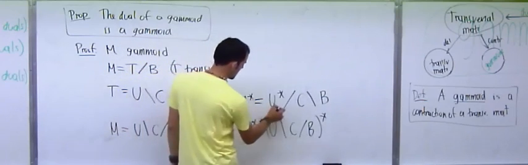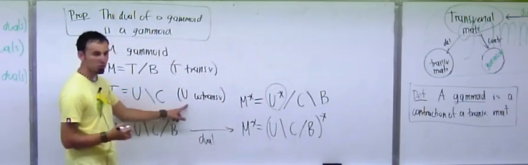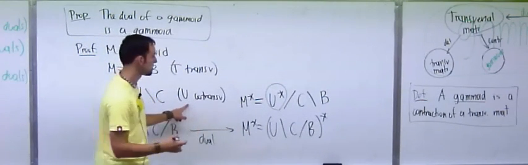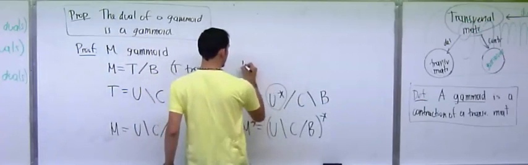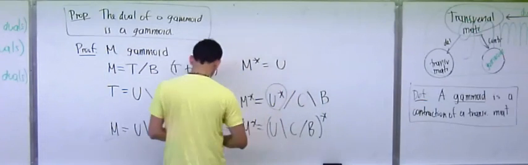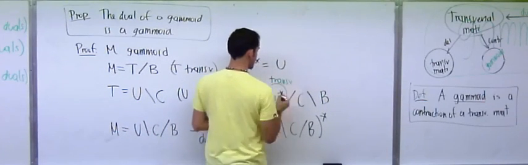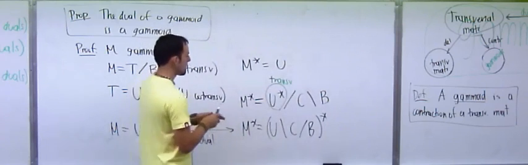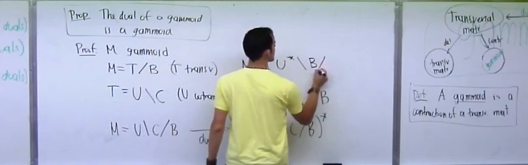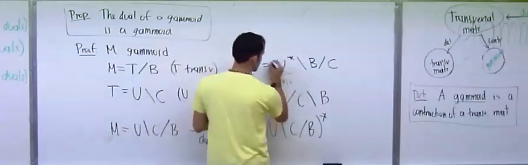Now what can you tell me about U star? Well, U is cotransversal, and so U star is transversal. Okay. Now, so this guy is transversal. Now let me just reverse the deletion and the contraction, which I'm allowed to do. And so what do I have here?